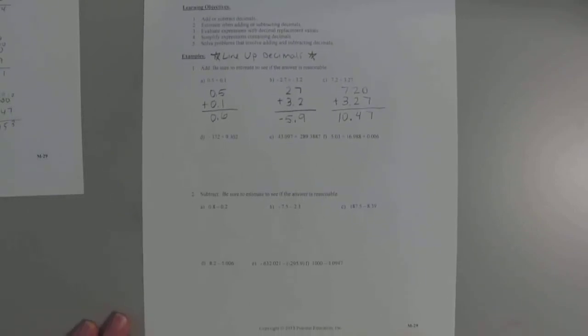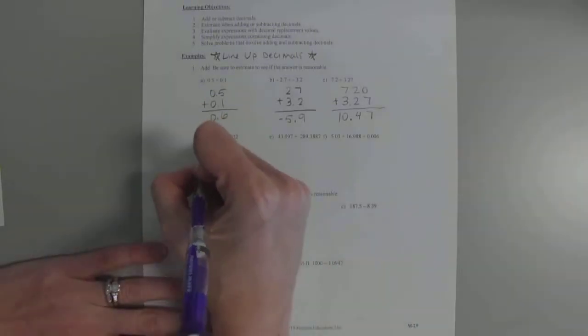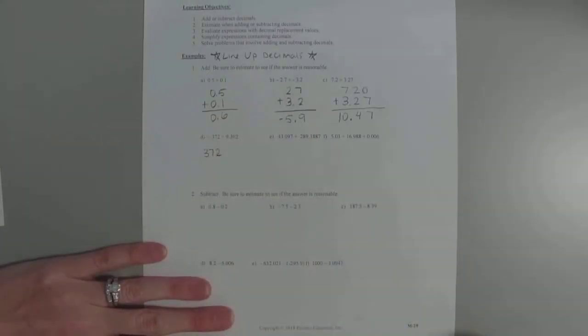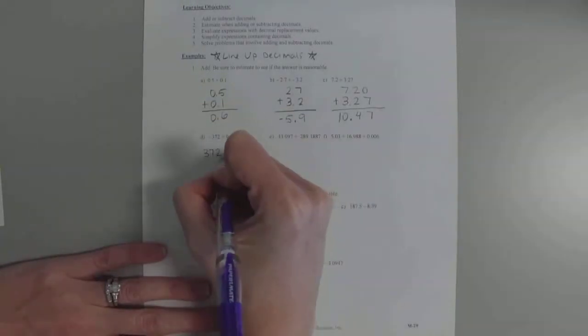All right, D. We have negative 372 plus 9.302. So what do you notice about our signs? It's a negative and a positive. So what math are you actually doing when there's a negative and there's a positive? Subtraction. So you take the bigger number, 372. But what about 372? Where is its decimal? It's actually at the end, right?